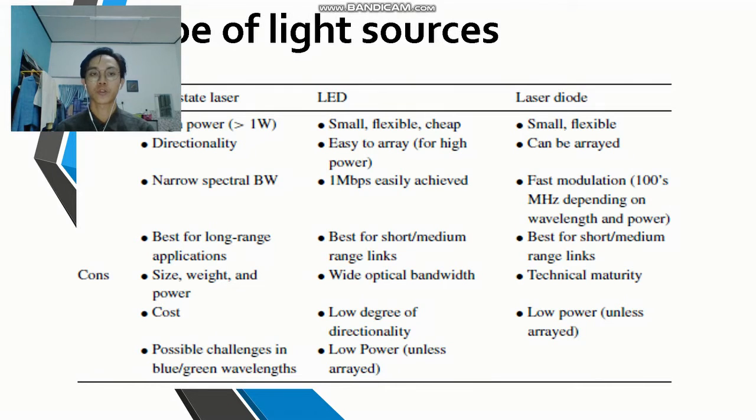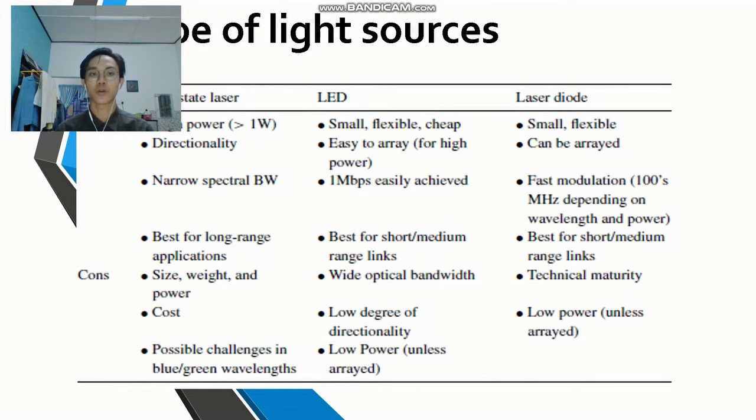Types of light sources. There are three types of light sources that have been studied. The prominent one that is not yet being used but is being studied to implement in home installation is the LED.